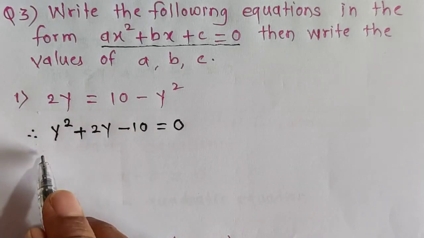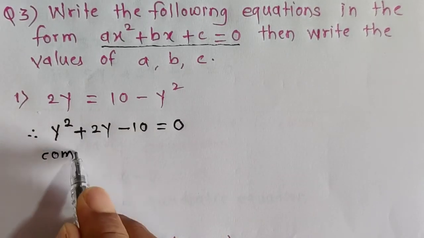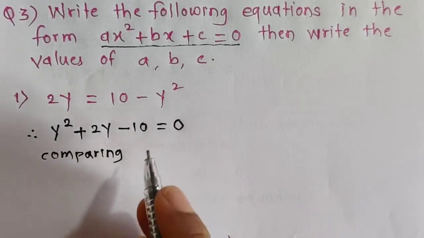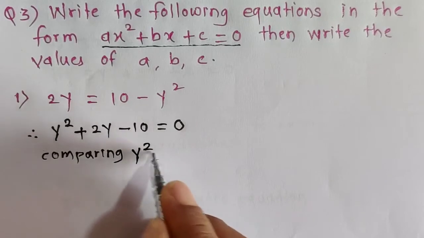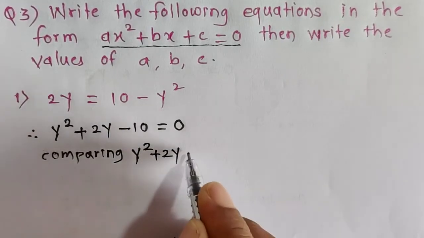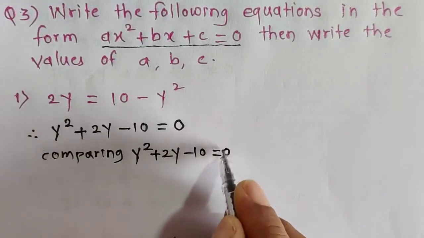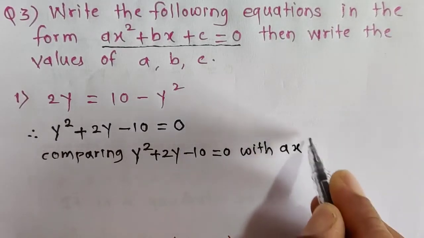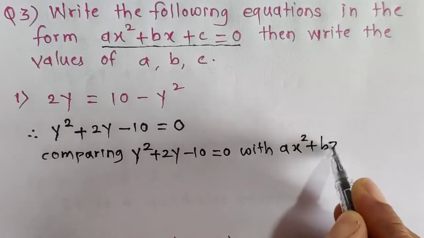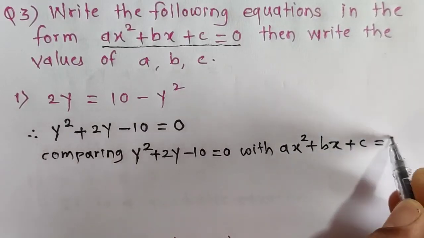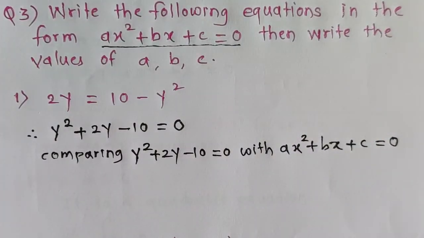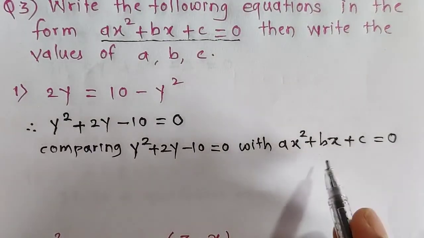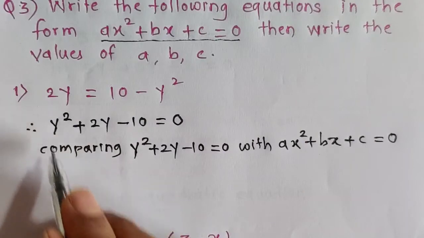Now comparing this y square plus 2y minus 10 is equal to 0 with ax square plus bx plus c is equal to 0, the coefficient of the square term is 1.